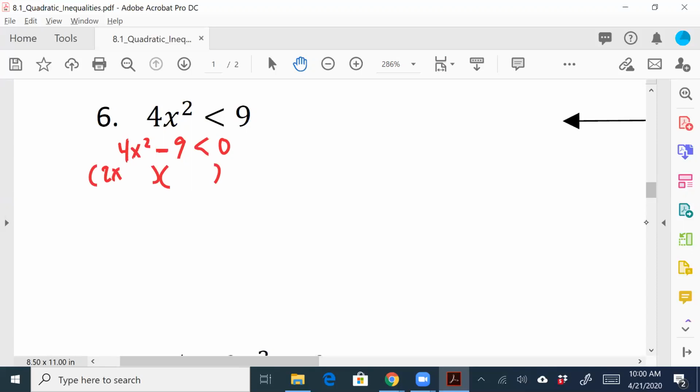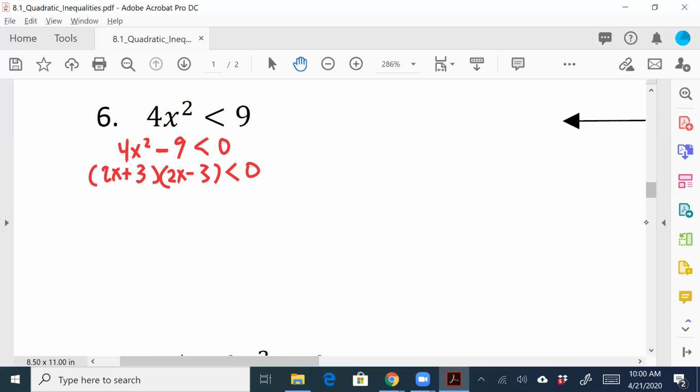So I would write (2x 3)(2x 3), where one is plus and one is minus. And these are both equal to 0.